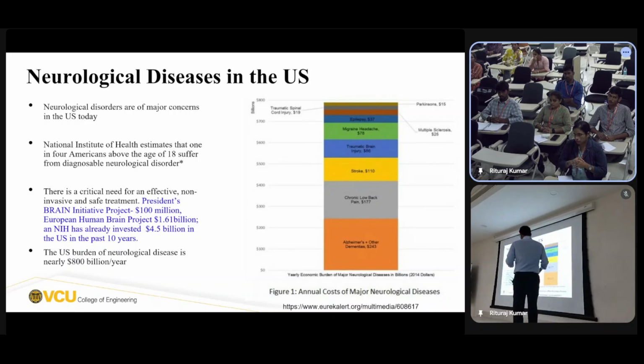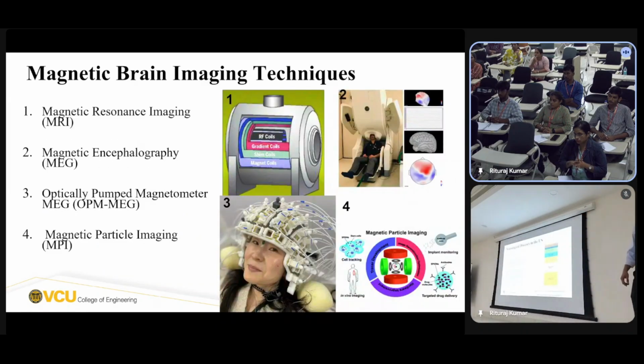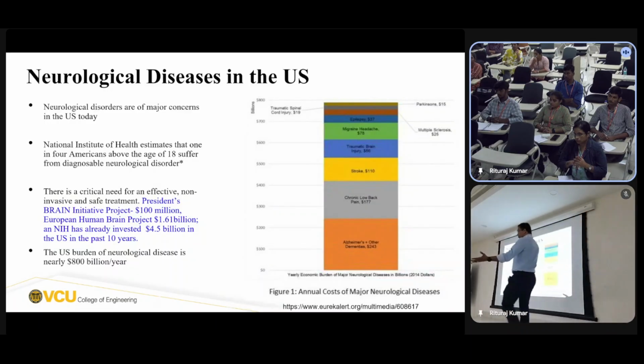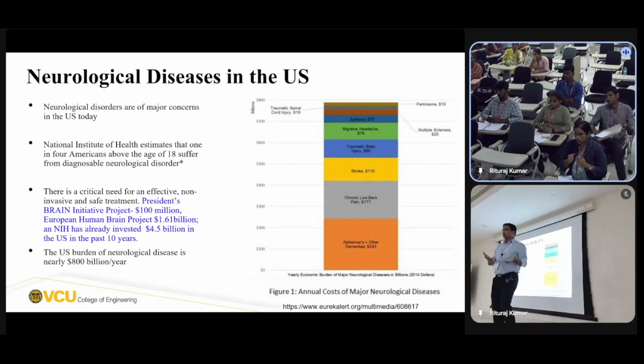And as the mean age of the population increases, as people start living longer, there are more and more neurodegenerative diseases, such as Parkinson's and Alzheimer's.